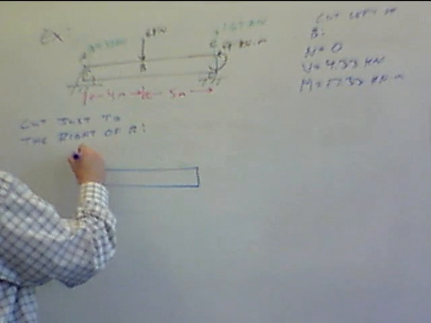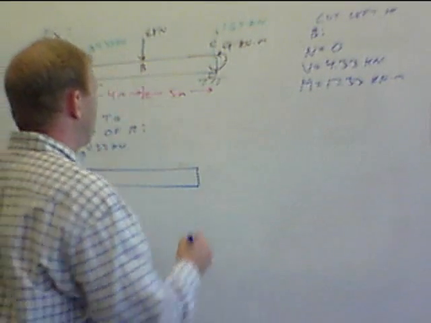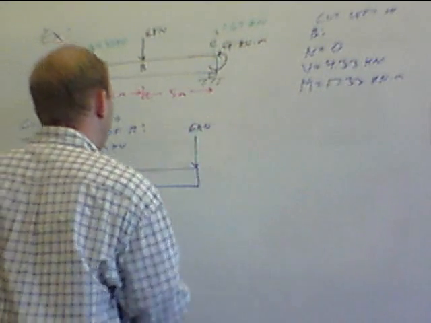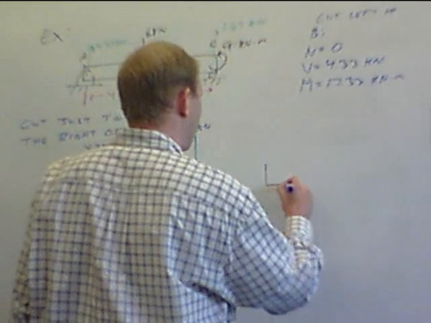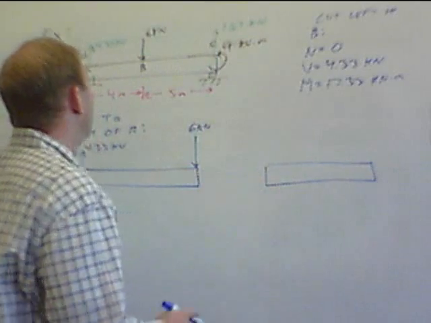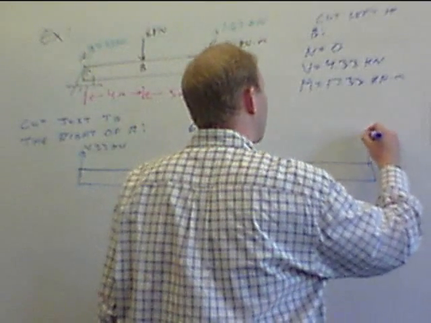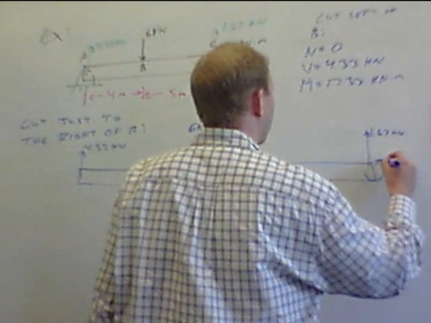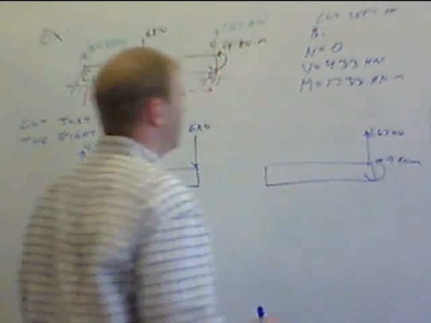We still have our 4.33 here. Now we've cut just to the right of B, so our 6 kilonewton force is on the left side. On the right-hand side we have nothing there, we have a 1.67, and we have an applied moment of 9 kilonewton meters.